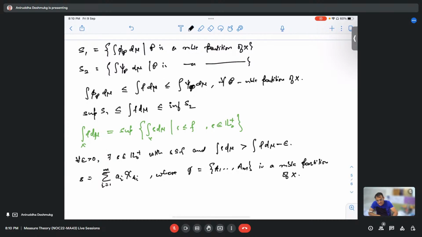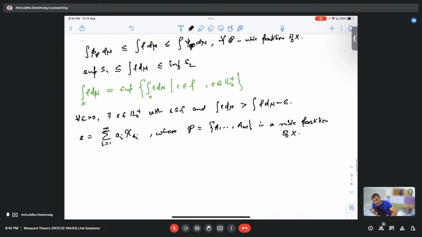Do you agree with this? Since this is a measurable partition, I can talk about phi P. Phi P at x is the summation i from 1 to m of m_i chi A_i. Can I say that this is bigger than or equal to s of x?